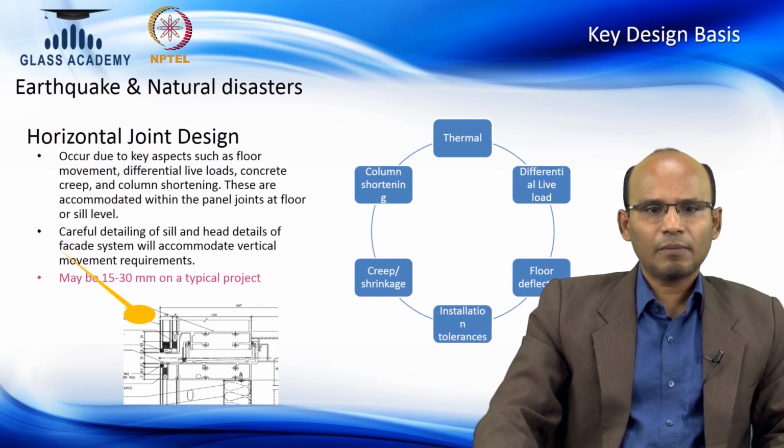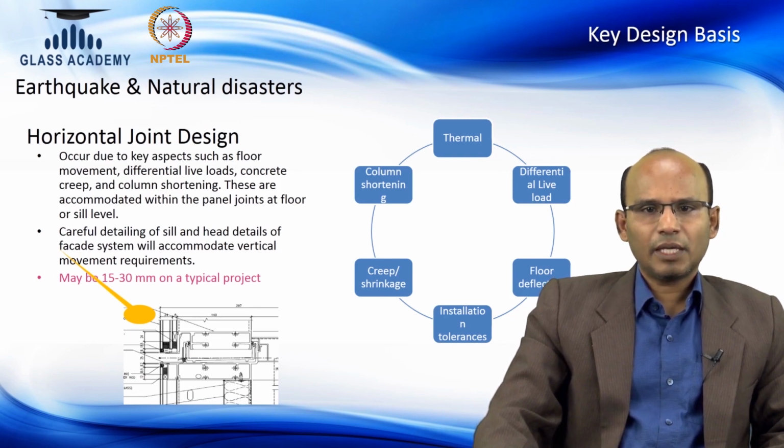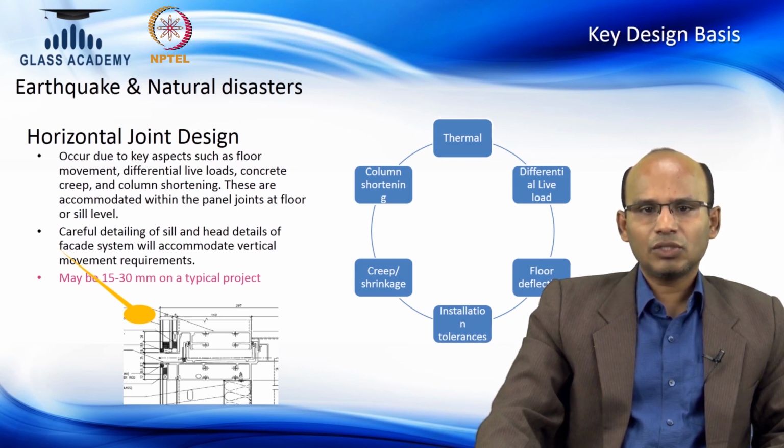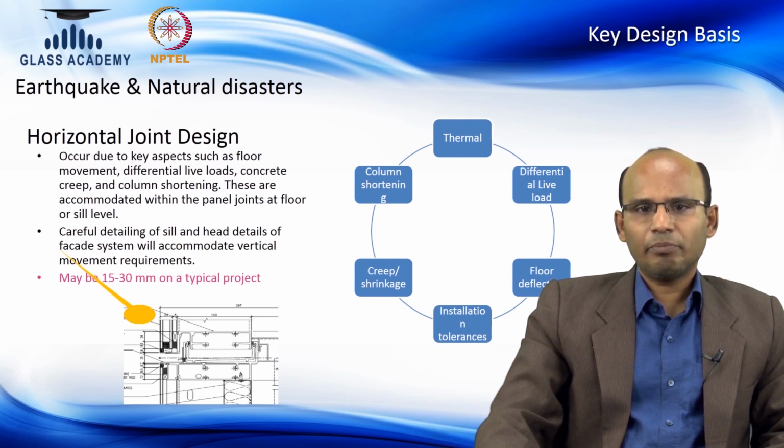Horizontal joint design, this is the same detail as we have seen previously. The joint needs to take care of the same aspects: differential live load, floor deflection, installation tolerances. One more aspect is critical here, which is creep or shrinkage and column shortening. These two are long term effects which will impact the framing elements of the facades.